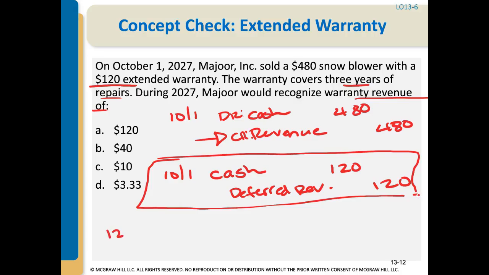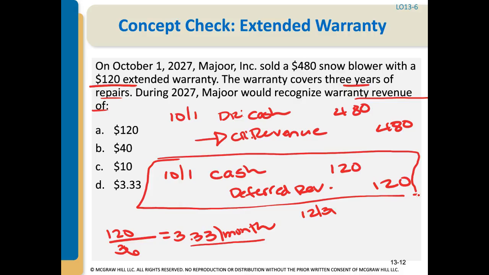So I'm going to take 120 divided by 36 months, which is 3 years, which equals $3.33 per month. That's how much revenue I can recognize each month as each month goes on. For 12/31/27, that gives me the months of October, November, and December.